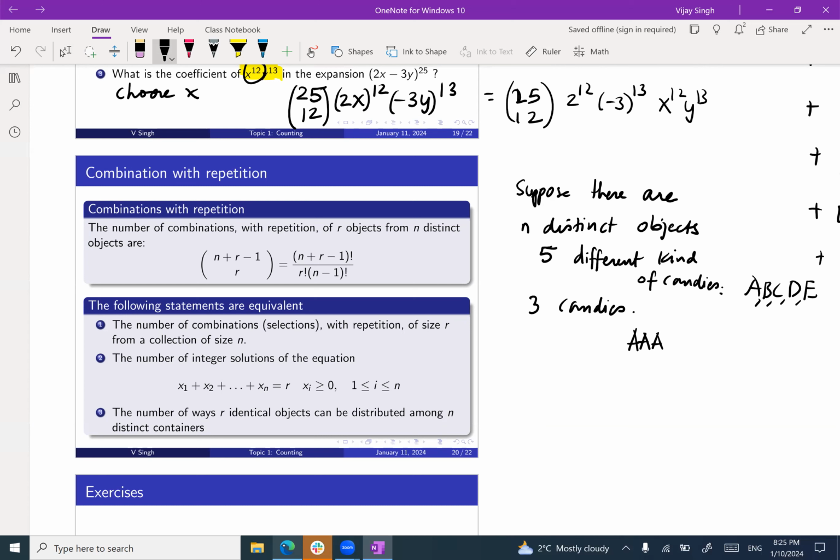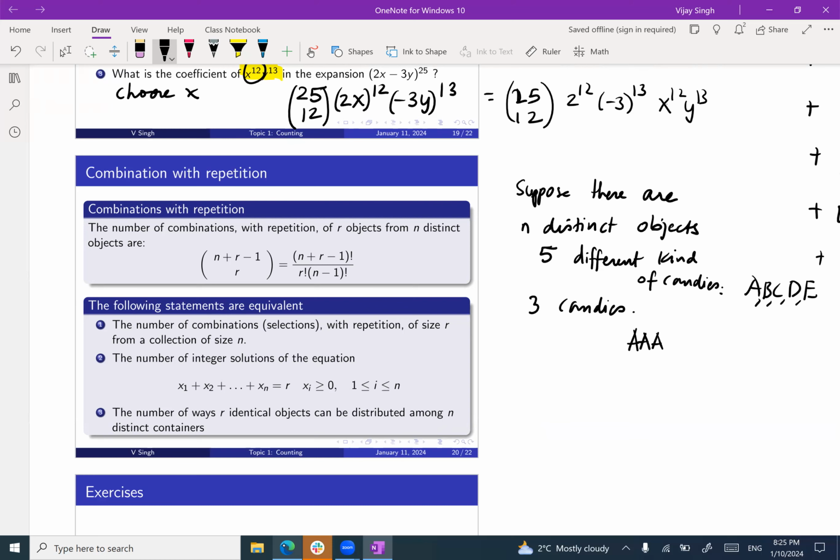How many such possible combinations are there? So you're now doing combination with repetition. You're choosing out of these 5 kinds of candies 3 candies, and you allow that all these 3 candies are actually the same kind of candy. Does the problem description make sense to you?